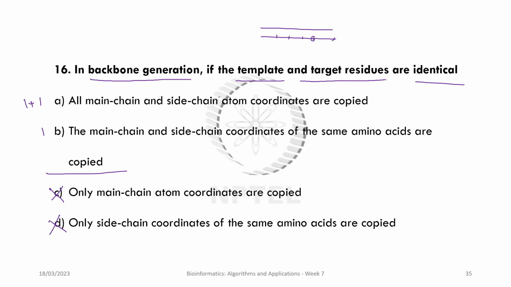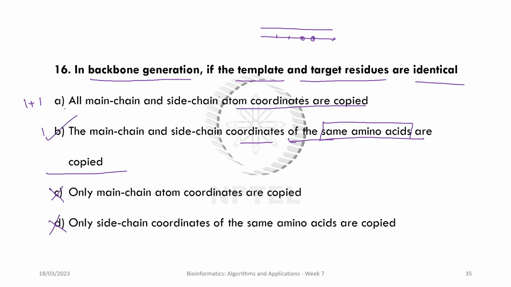If a particular residue is identical, what should I do? The main chain and side chain atom coordinates are copied, or main chain and side chain coordinates of the same amino acids are copied. Both answers are very similar and very close to correct. But if you see the specificity, the main chain and side chain coordinates of the same amino acids are copied.